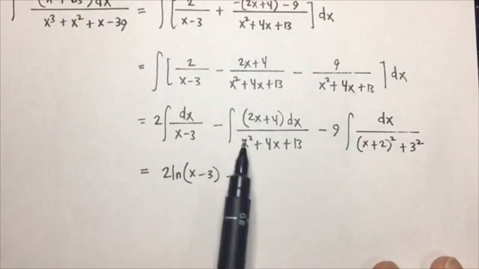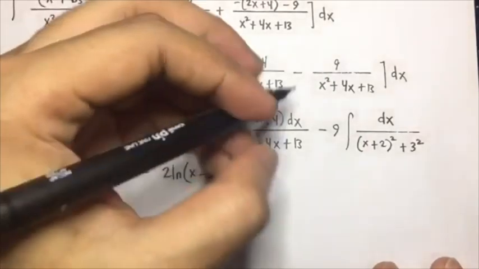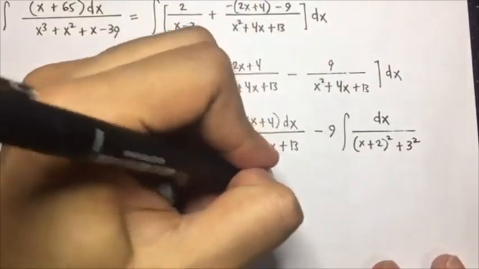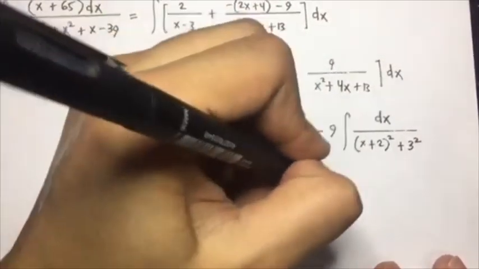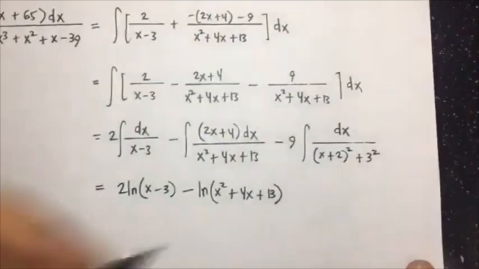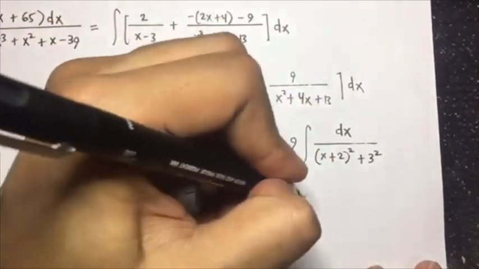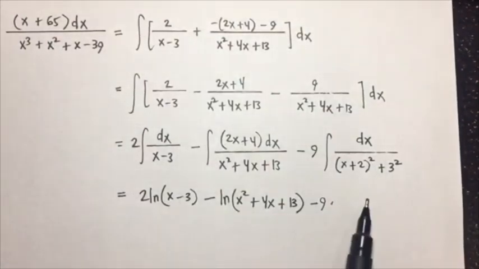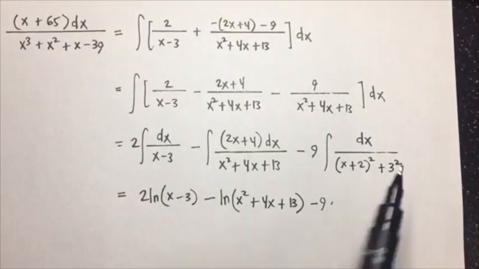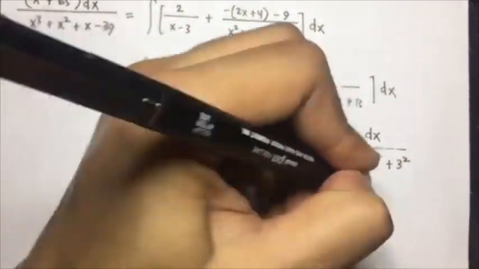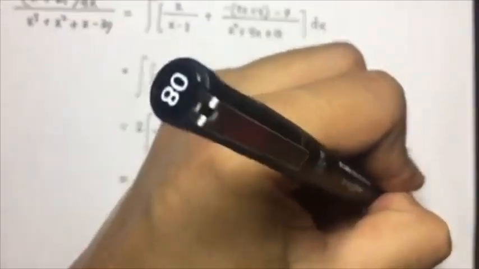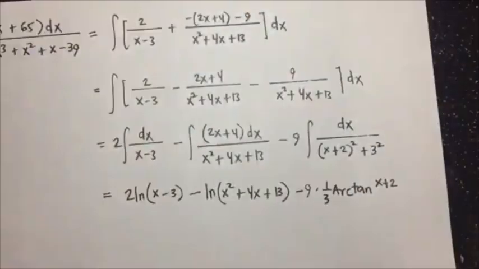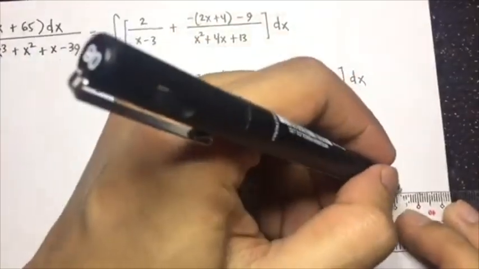The numerator is the complete differential of the denominator, therefore it's also ln of x squared plus 4x plus 13. Okay, so minus numerical coefficient 9 times integral of this based on the formula is 1 over a arctan of u over a. So therefore it's 1/3 arctan of x plus 2 over 3.